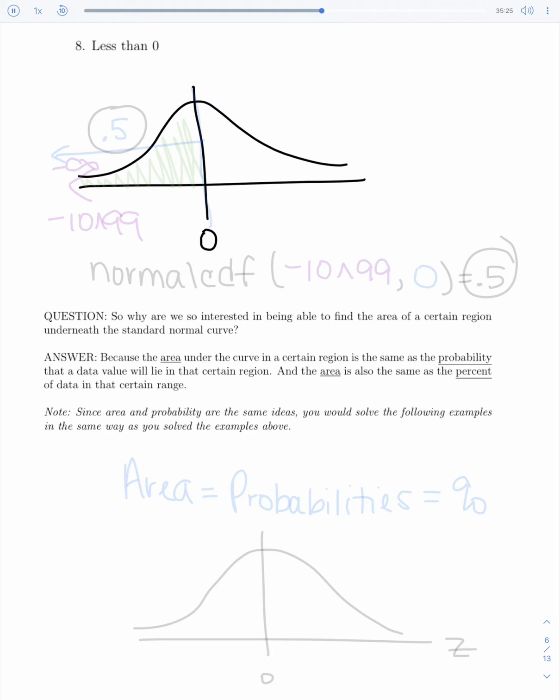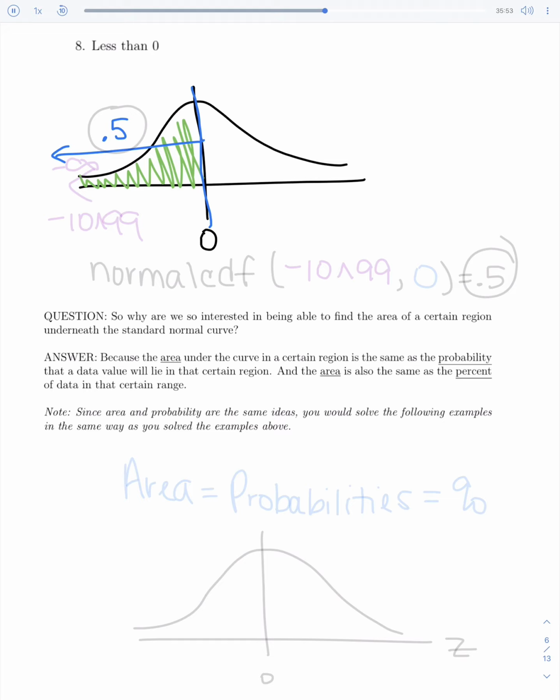So if we want all the area to the left, yes, you can use your calculator and use the negative 10 to the 99th for the left-hand side for your very start value. Or you can remember all the area has to add up to 1. So if I'm smack dab in the middle, half of the area to the left is just an even 0.5. So my area to the left is just going to be 0.5.